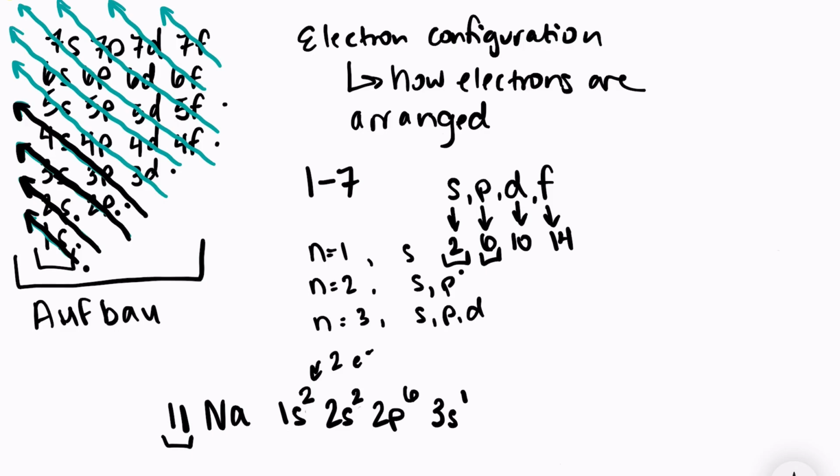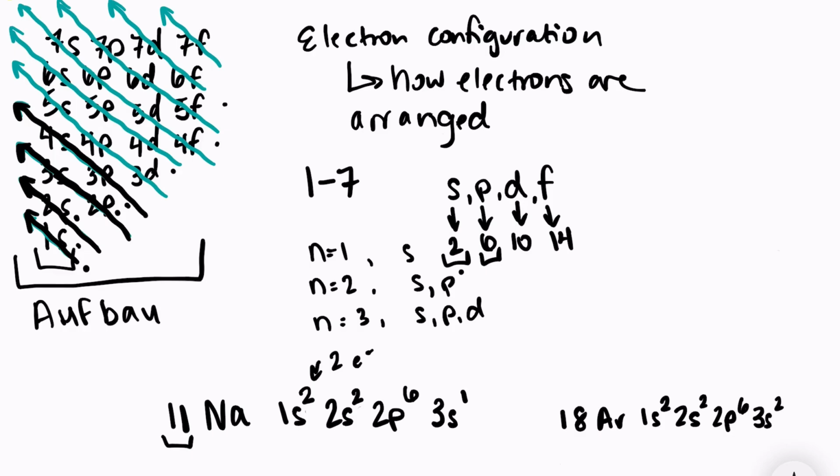Let's try another example. Let's look at argon. Argon has 18 electrons, so our configuration should be a little bit longer than sodium. Again, I'm going to start with 1s2, 2s can fit 2, 2p can fit 6 electrons, 3s can fit 2 electrons, and let's double check.